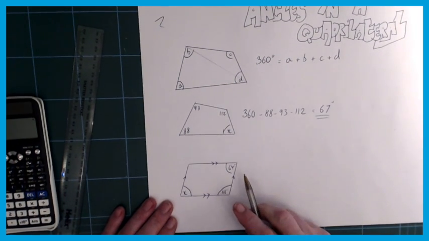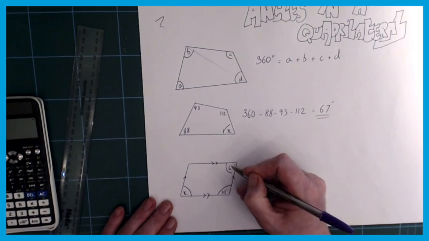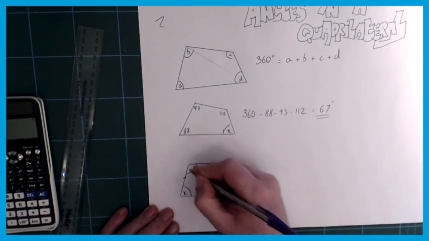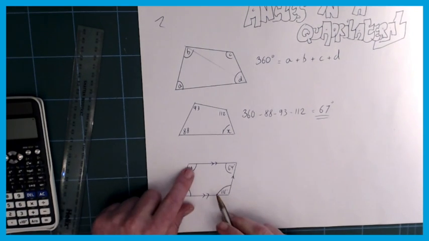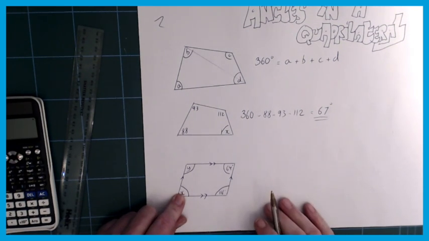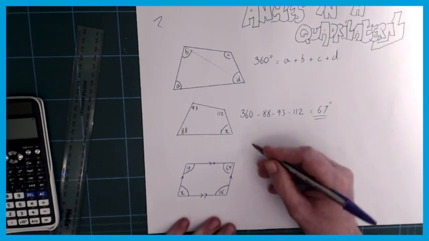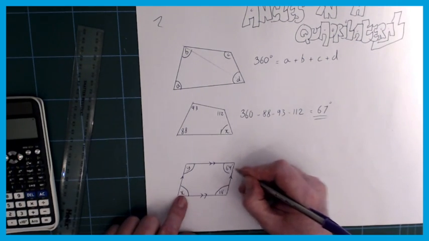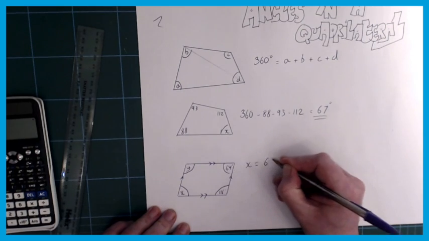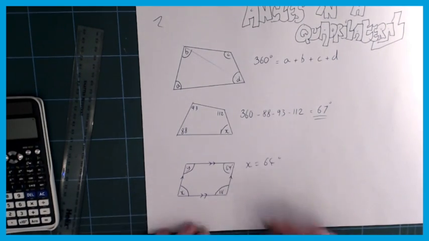Now, if you remember your properties, if this is 116, that is 116. If this is 64, this is 64. So we can work this out by just saying if that is 64, this is 64, so X will equal 64 because the opposite angles are equal.